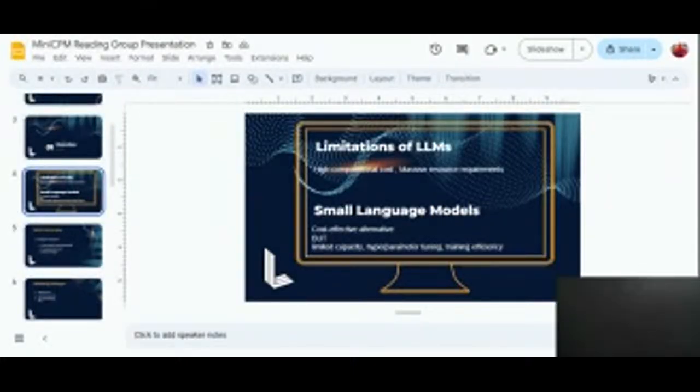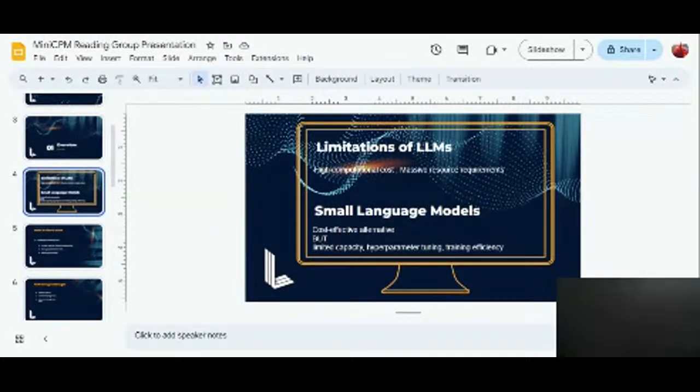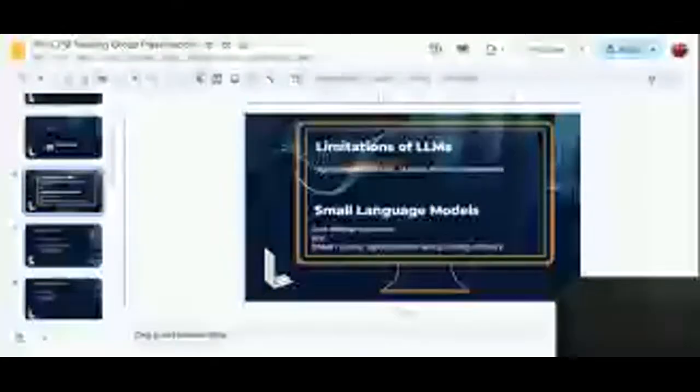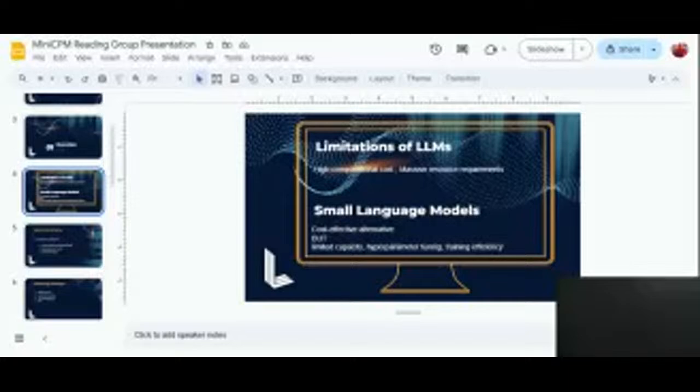This means that they need powerful computers and a lot of energy, which can be costly. Another challenge is that LLMs need a massive amount of data to train on. Just like we need a lot of practice to become a good learner, LLMs need tons of text and information to become proficient.